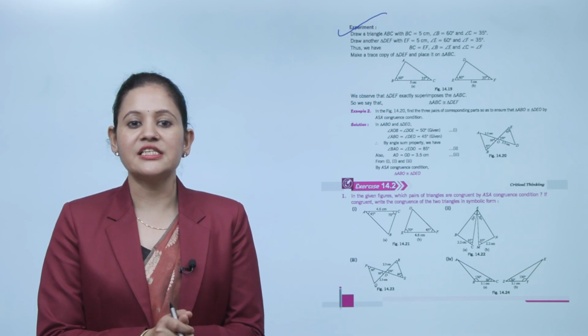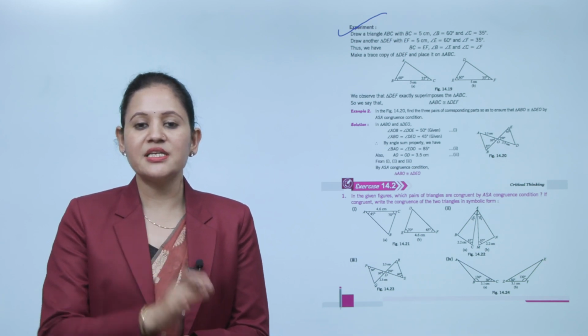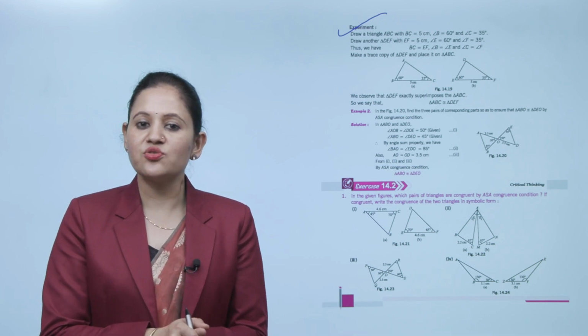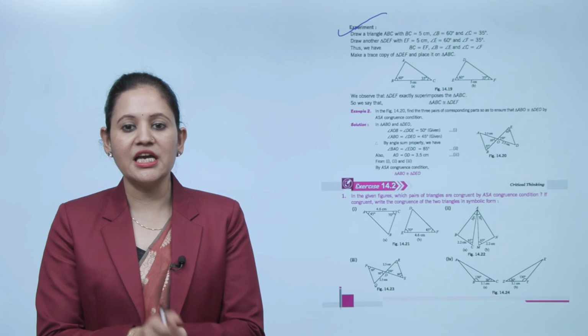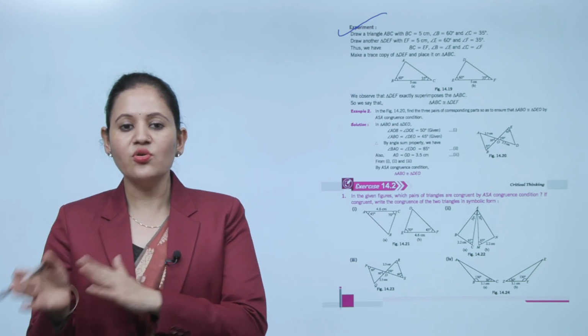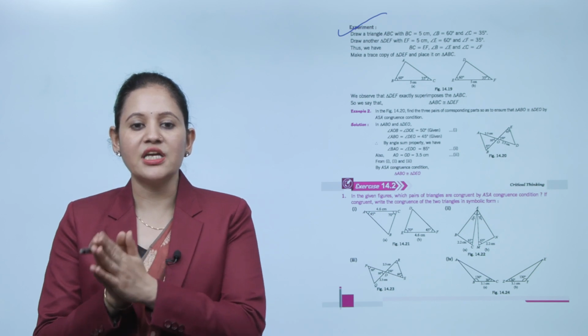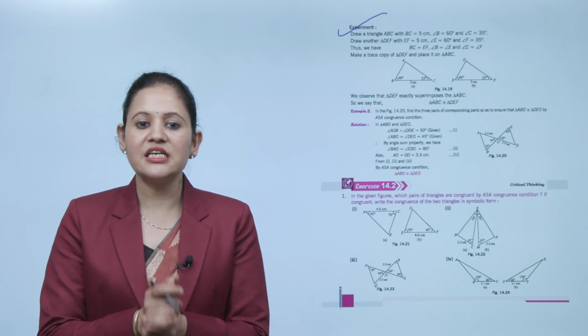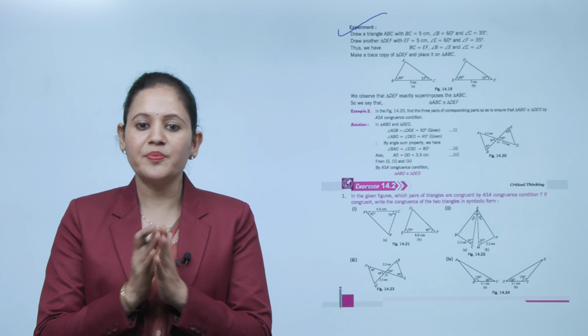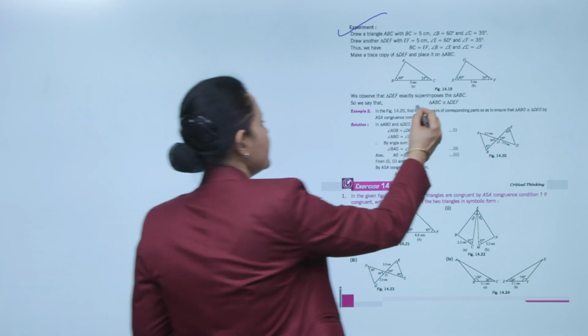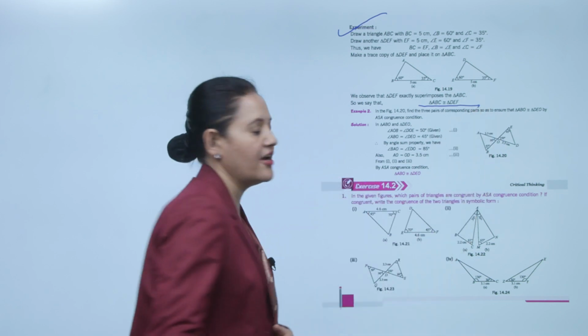Draw another triangle DEF, EF 5 cm, E 60 degrees and F 35 degrees. Thus, we have BC equals EF, angle B equals angle E and angle C equals angle F. Make a trace copy of DEF and place it over ABC. We observe that DEF exactly superposes triangle ABC. That means we can say triangle ABC is congruent to triangle DEF.